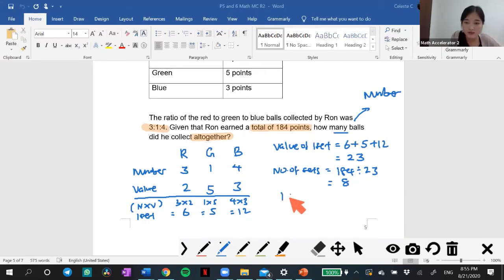So 1 set, you have 3 plus 1 plus 4. So 8. So if you have 8 sets, you have to times 8. Yes, correct. Okay, a lot of you got it. 64. 8 times 8.